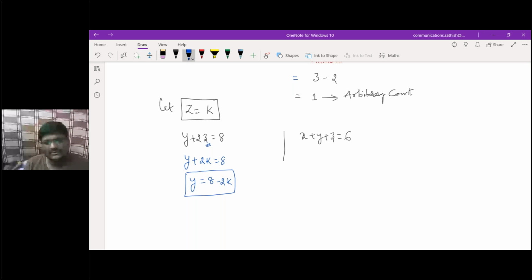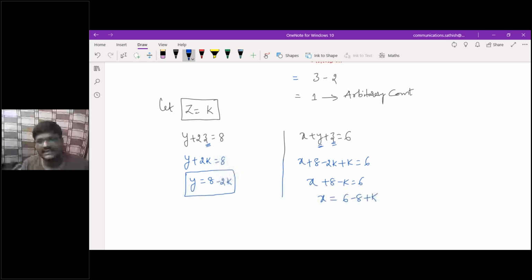So x plus y, which is 8 minus 2k, then z is k, is equal to 6. Minus 2k plus k, you'll have minus k. This 8 goes to that side, so x plus 8 minus k is equal to 6. Then x is equal to 6 minus 8, and this minus will become plus, so x is equal to k minus 2. Am I correct?